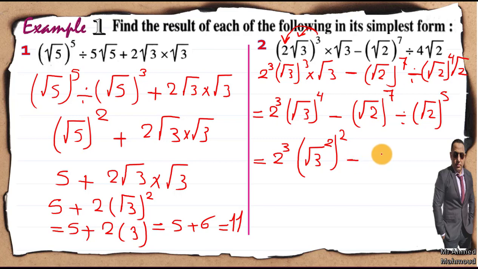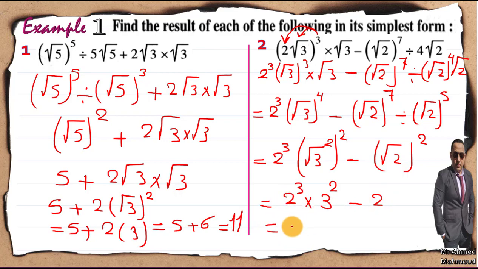Okay, minus root 2 power of 7 divided by root 2 power 5 equals root 2 all to the power 7 minus 5 equals 2. Equal to 2 power of 3 times root 3 power of 2 equals 3 power of 2 minus root 2 power of 2 equals 2. Finally, I'm going to evaluate the powers.